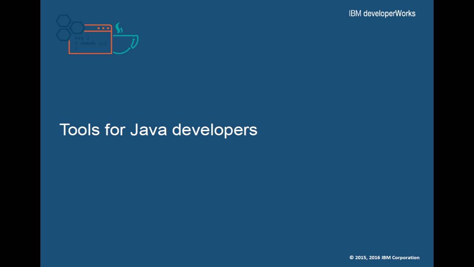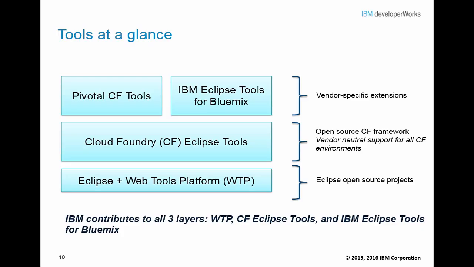Let's look at the Bluemix Eclipse plugin that enables developers using Eclipse IDE to develop and build and debug, as well as deploy Java applications seamlessly to the cloud. IBM contributes to Eclipse and Web Tools platform.